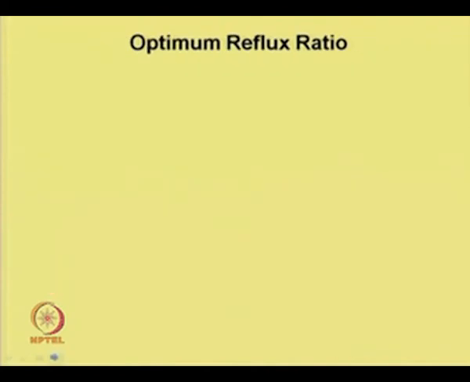Now, what is the optimum reflux ratio? When we design a new column, we need to use an optimum reflux ratio. As we increase the reflux ratio, it decreases the number of plates required, so the column height decreases.